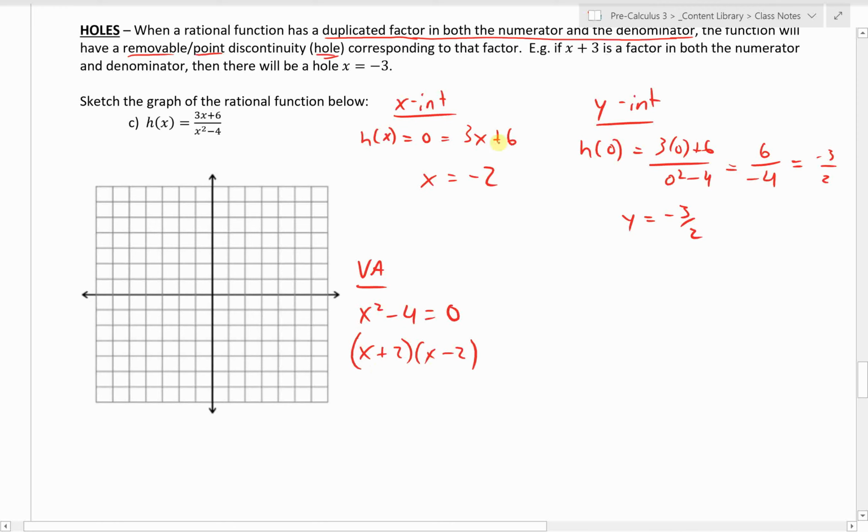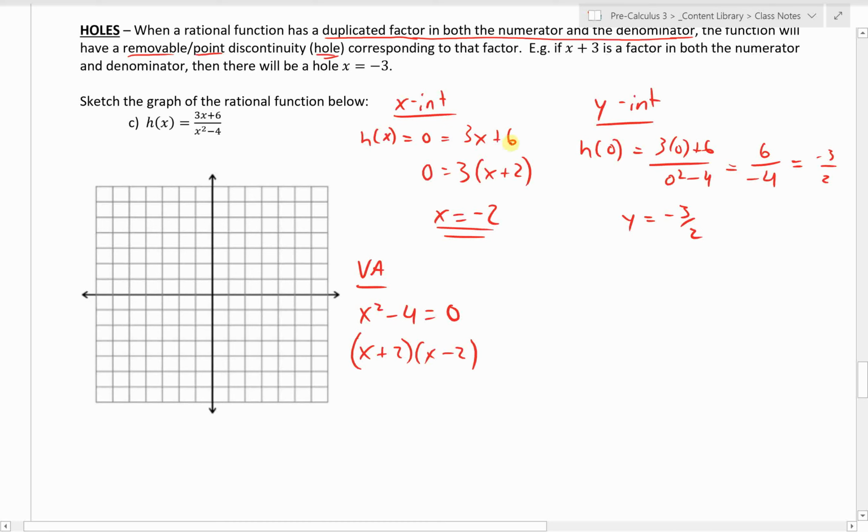This might be a tricky thing to recognize. If we take the numerator, 3x plus 6, and set it equal to 0, there's really a common factor of 3, and we could factor it out to get x plus 2. When we set x plus 2 equals 0, we still get x equals negative 2. That is still our x-intercept.